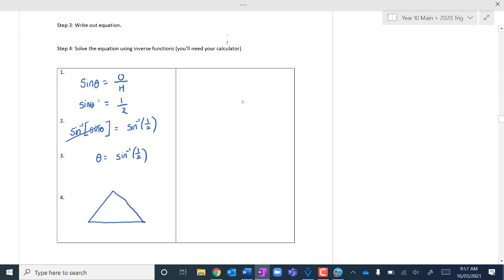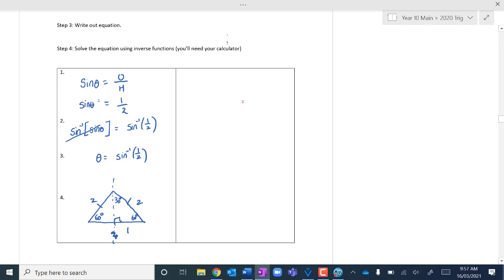Yes, your calculator can tell you, but I've got an equilateral triangle. I cut it in half, and that side becomes 1. These 60 degrees, which are all 60 degrees, the top angle is being cut in half to 30 degrees.